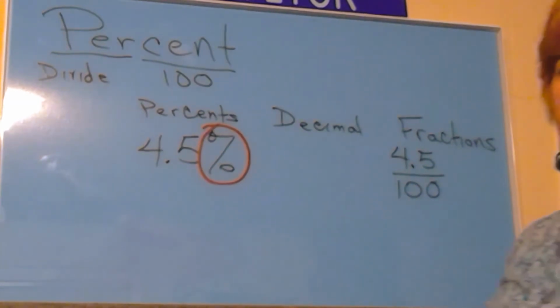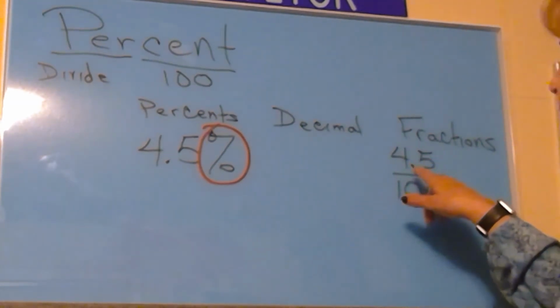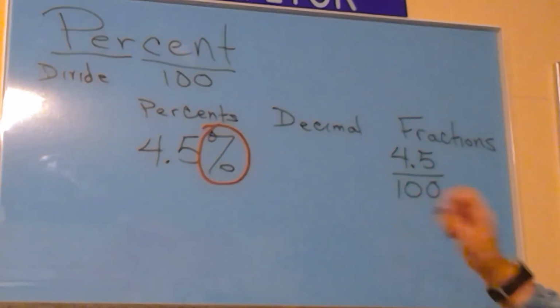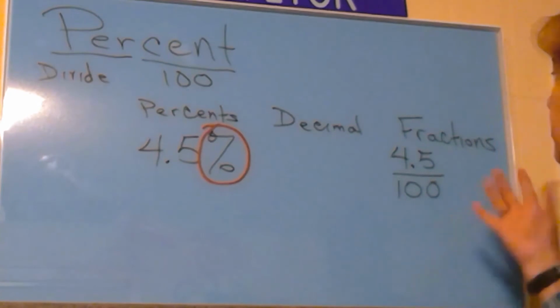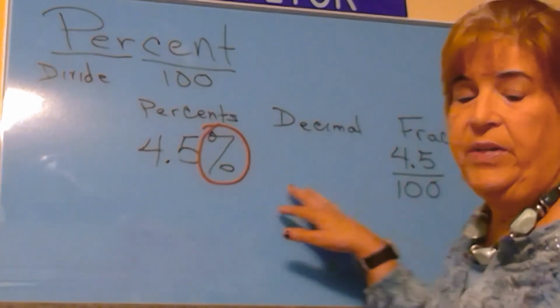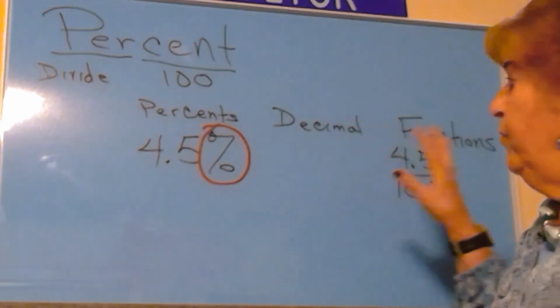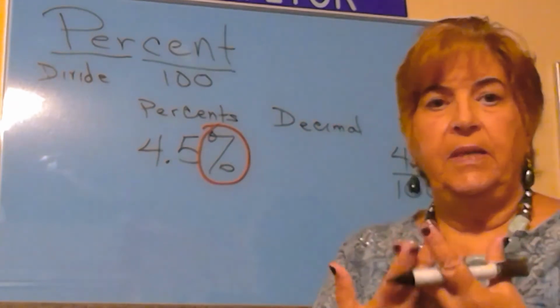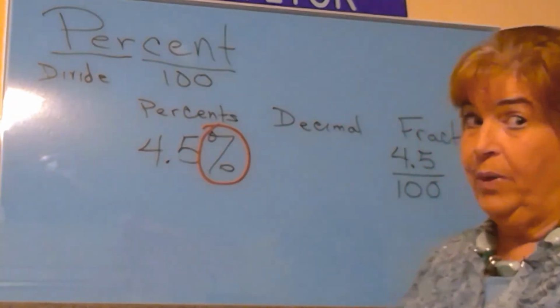Now, the problem here is we've got a decimal and a fraction. That's really not pleasant. Most of you don't like fractions. You're not crazy about decimals. So if we have fractions and decimals mixed together, it makes it even more difficult to work with.